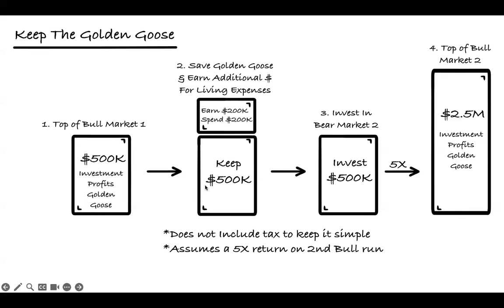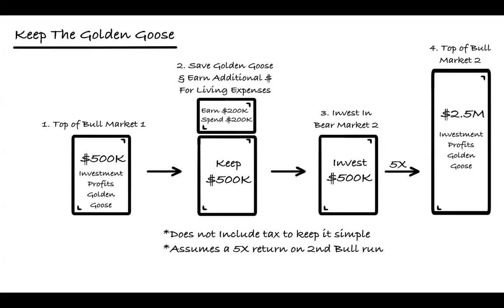So quite simply, from you not taking out those gains at the end of bull market one, and holding onto the golden goose eggs of Bitcoin sitting there, and working to pay for your living expenses, you can consistently keep building from a dollar standpoint and getting more and more Bitcoin together, right? If you're not selling your Satoshis, if you're not selling your Bitcoin, it can consistently keep making money for you.